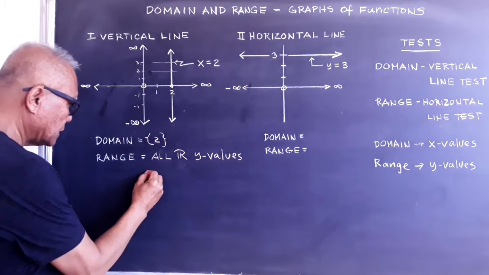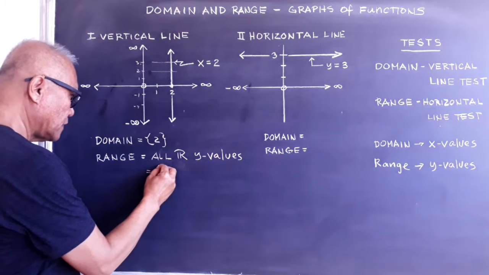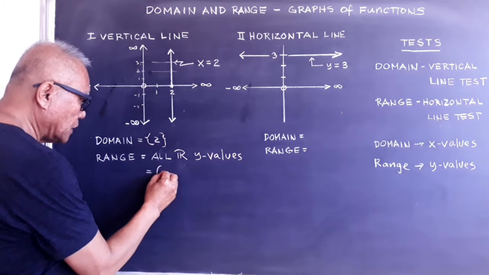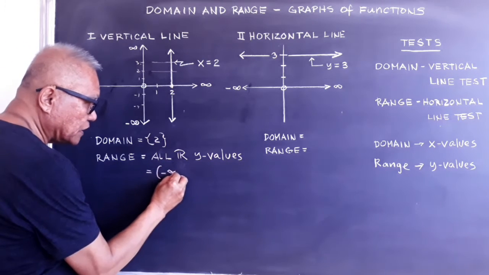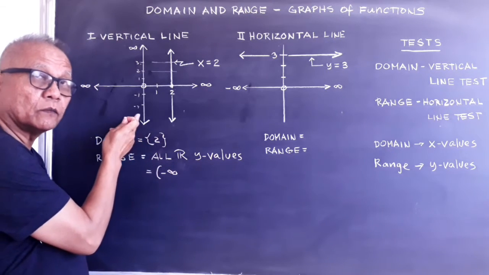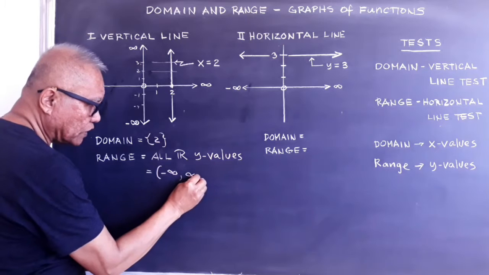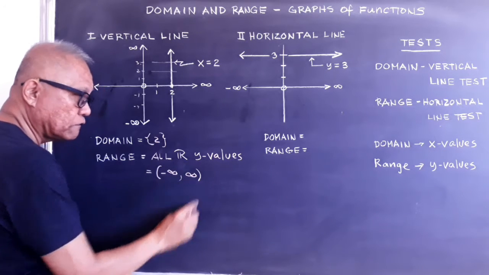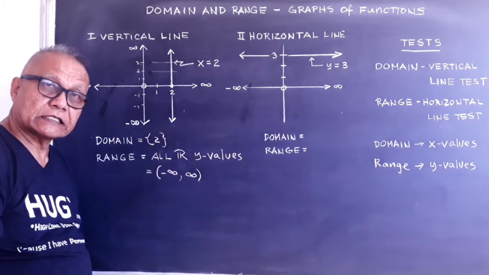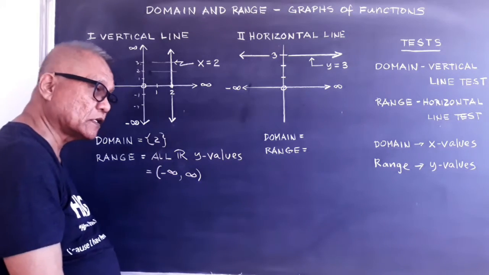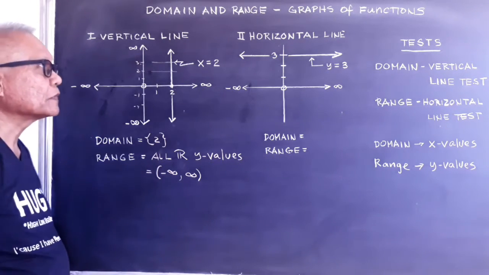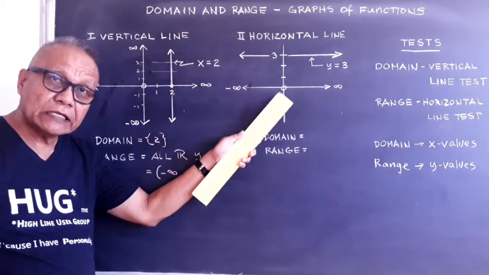Or we can say that the range is from negative infinity, from below, going to the top, to positive infinity of the y-axis, not the x-axis, because that's for the domain. Okay. Now let's have the horizontal line.